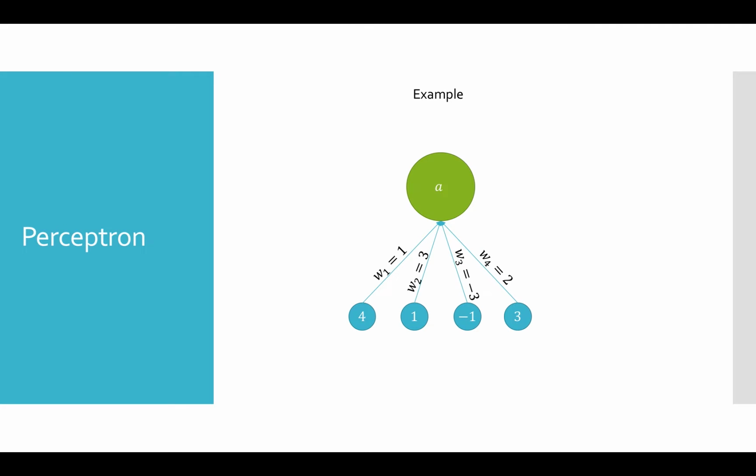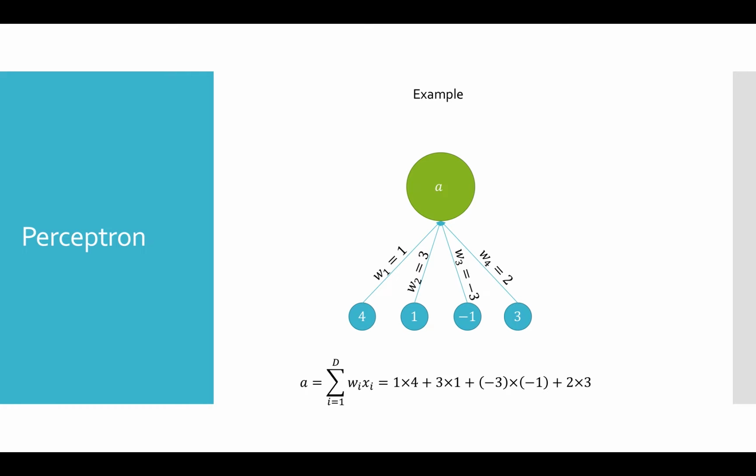Let's start with an example to get a sense of what we're doing. Here we already have the features and we have the weights. So our feature vector is 4, 1, -1, 3, and our weights are 1, 3, -3, and 2. We need to calculate our activation, and here's the equation for that. But all it is is element-wise multiplication and sum.